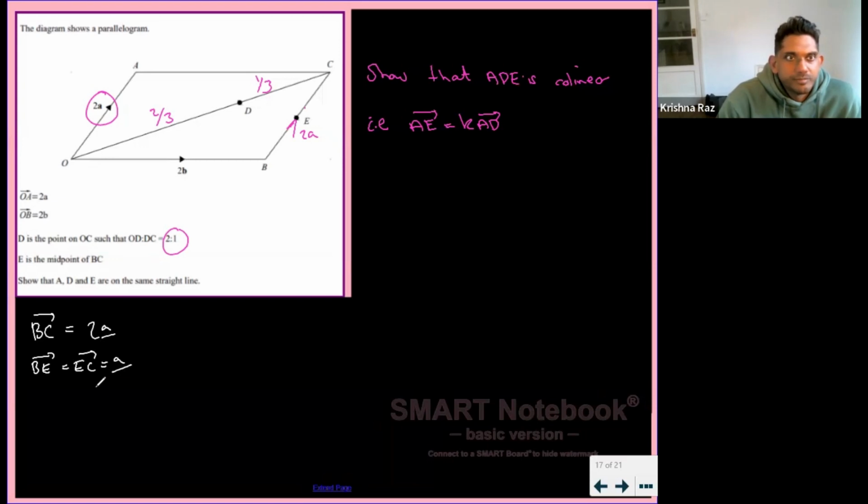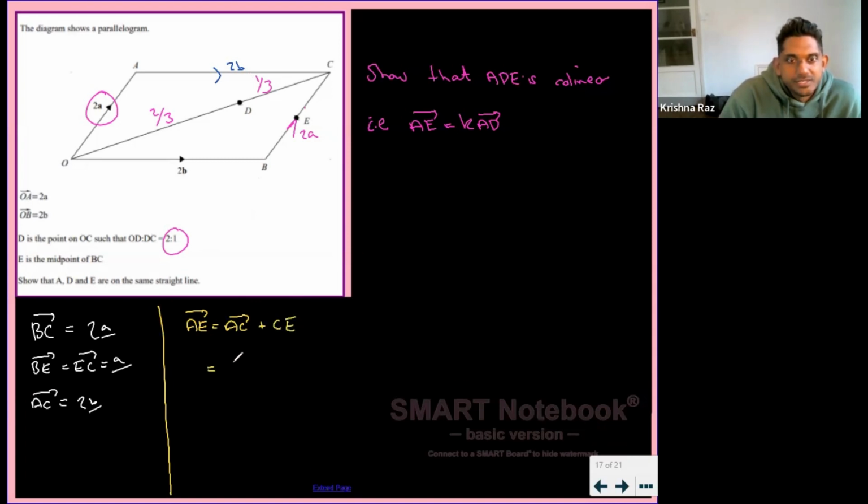Yeah, so if I'm going from A to E, I want AC plus CE. So AC must be 2B because it's parallel to OB. Yes, I think that should enable us to start. So vector AE is equal to AC plus CE.